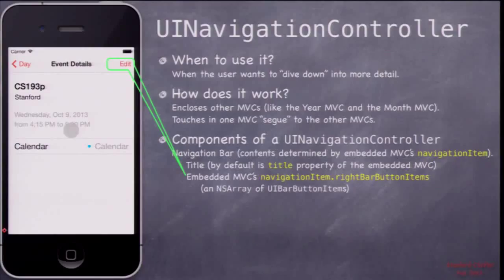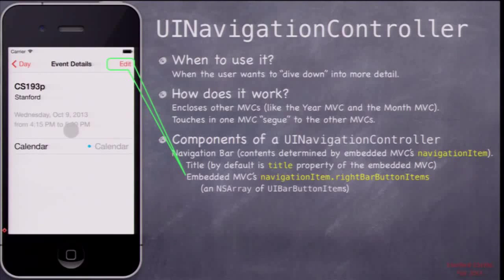Now, these buttons are not UIButtons, they're UIBarButtonItems, okay, kind of lightweight buttons. And the navigation controller figures out which ones to put there by asking the embedded view for an object called navigationItem. So all UIViewControllers have this property navigationItem, and it returns this object that has some stuff in there like rightBarButtonItems, which is an array. Okay?